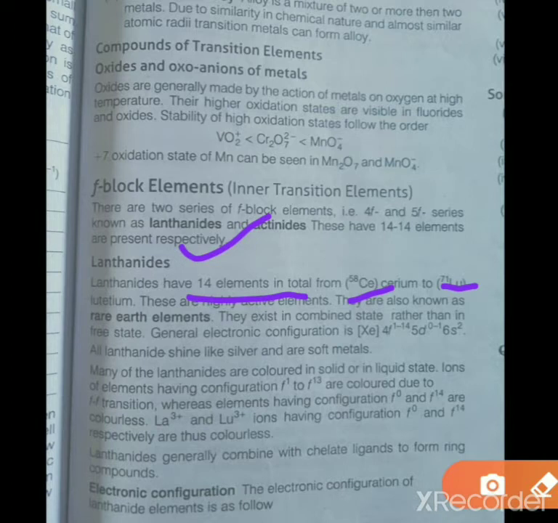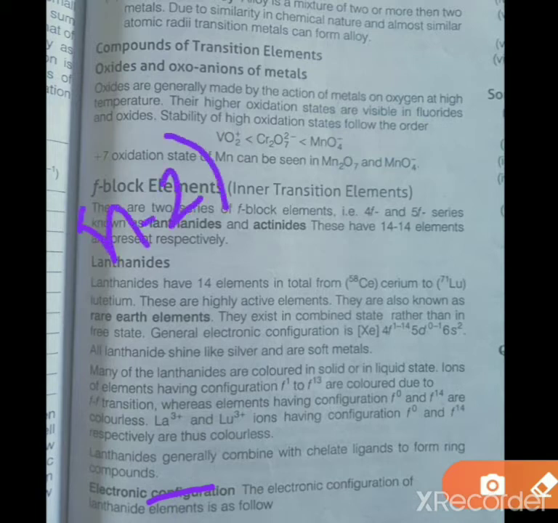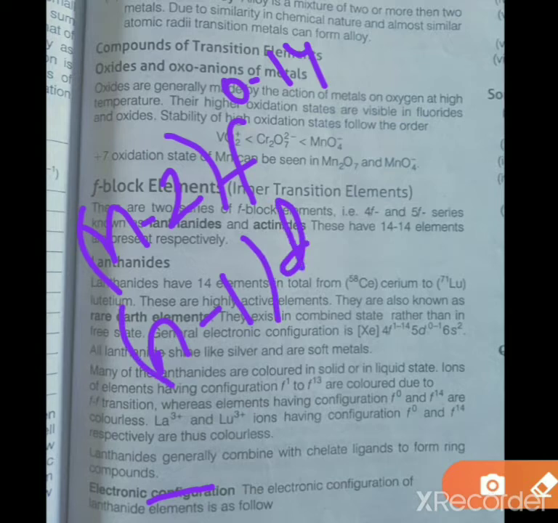Okay, students, if we deal with their electronic configuration, their general electronic configuration is (n-2)f 0 to 14, (n-1)d 0 to 1, and ns2.